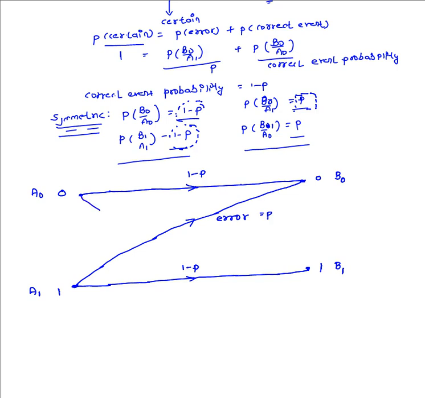Similarly, there is another line indicating that 1 is received when 0 is transmitted, with the probability p. Since this is symmetric, both the crossed line probabilities are p, and both the straight line probabilities are 1 minus p.